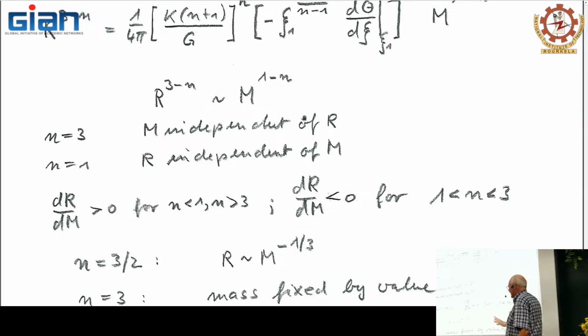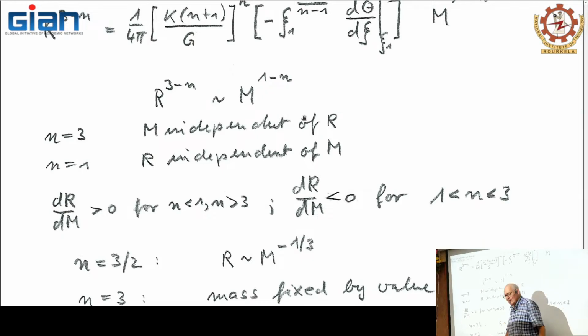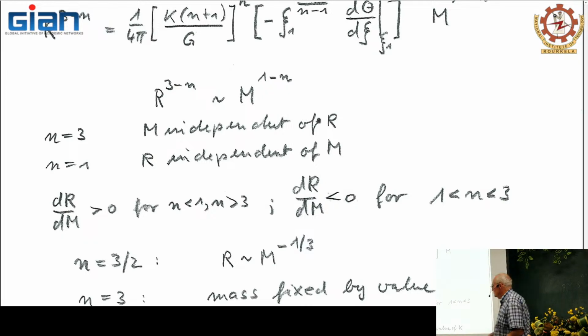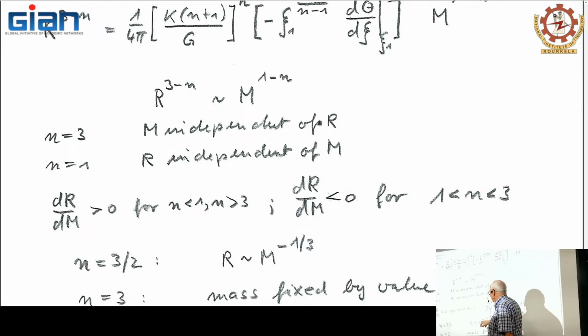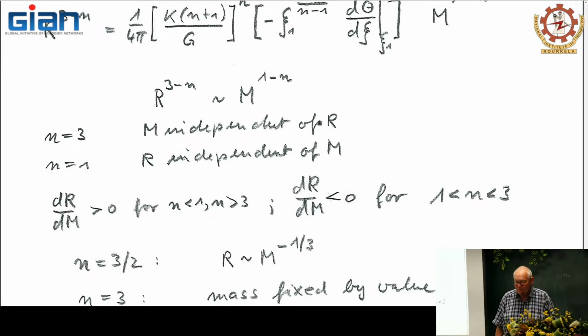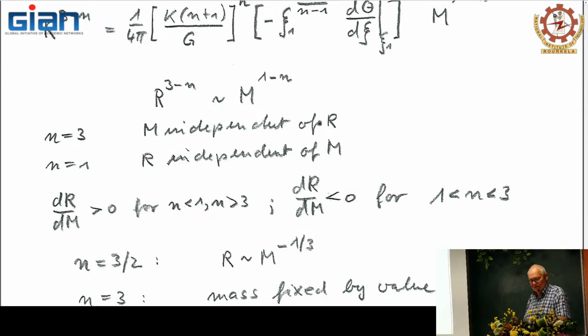For white dwarfs, the adiabatic index gamma is 5/3, which corresponds to n equals 3/2. The radius goes with M to the power minus 1/3, and we have the radius-mass relation of white dwarfs.